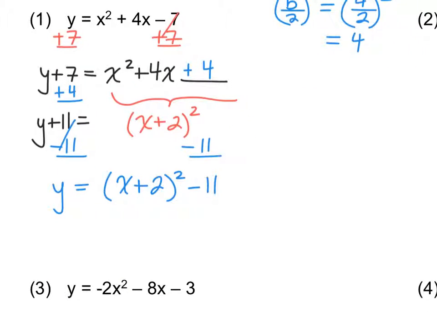From this, I can get my vertex and my axis of symmetry. They asked for the axis of symmetry first and then the vertex, but I like getting the vertex by putting it into standard form. Then from the standard form, we can state the vertex. What would the vertex be?